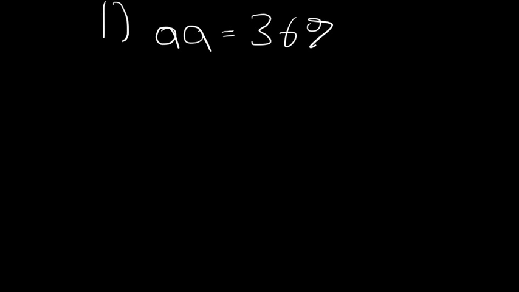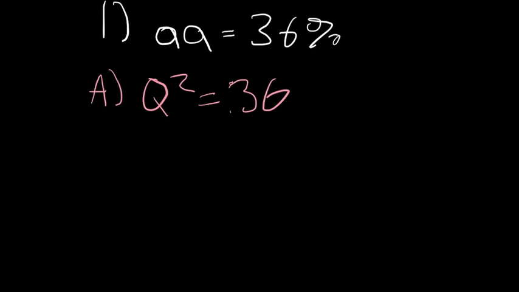In problem number 1, we're given the homozygous recessive genotype as 36%. Given the homozygous recessive genotype, we can find q squared, which is equal to 0.36. For the next part, we're going to find the frequency of the little a allele.